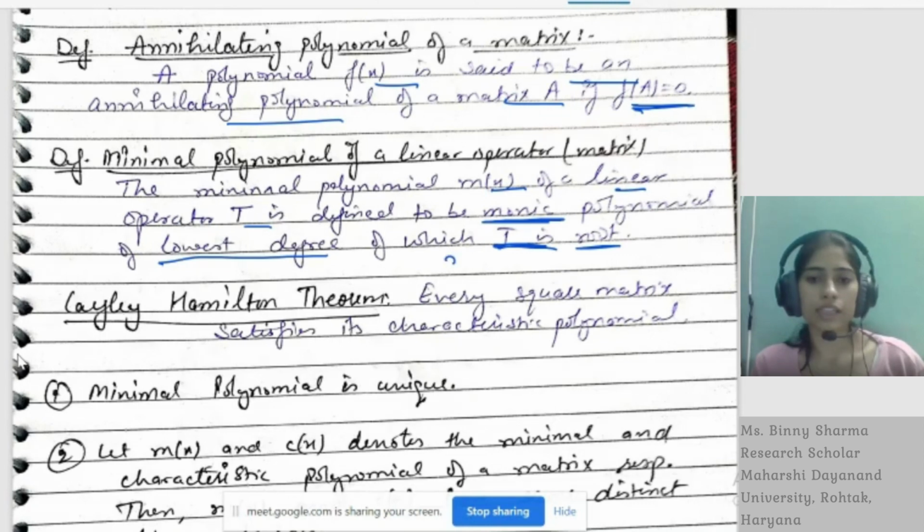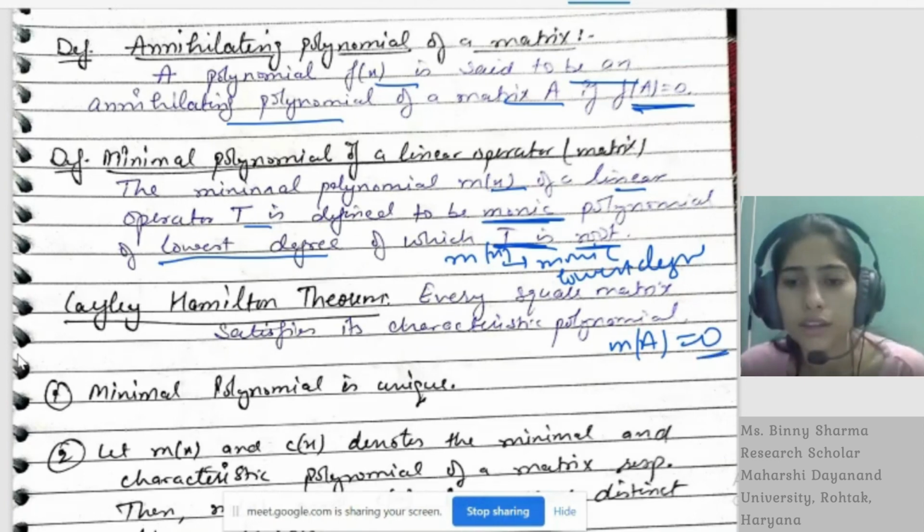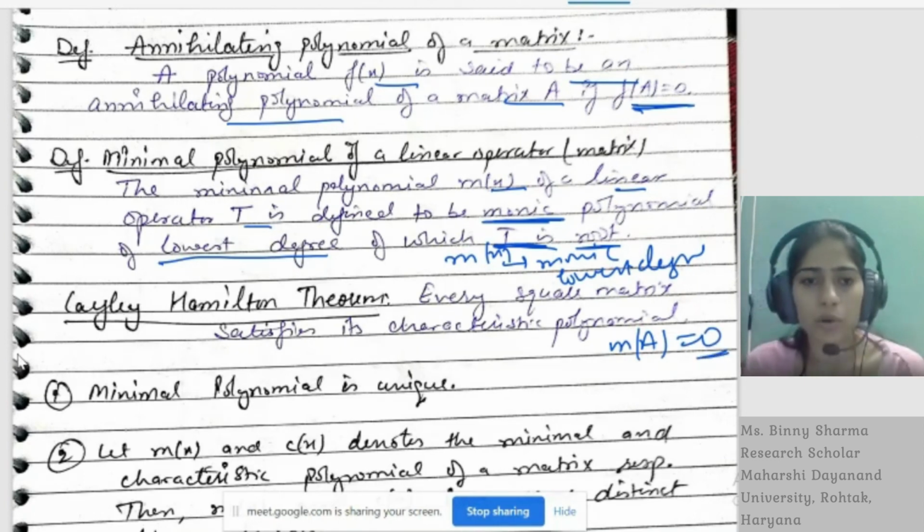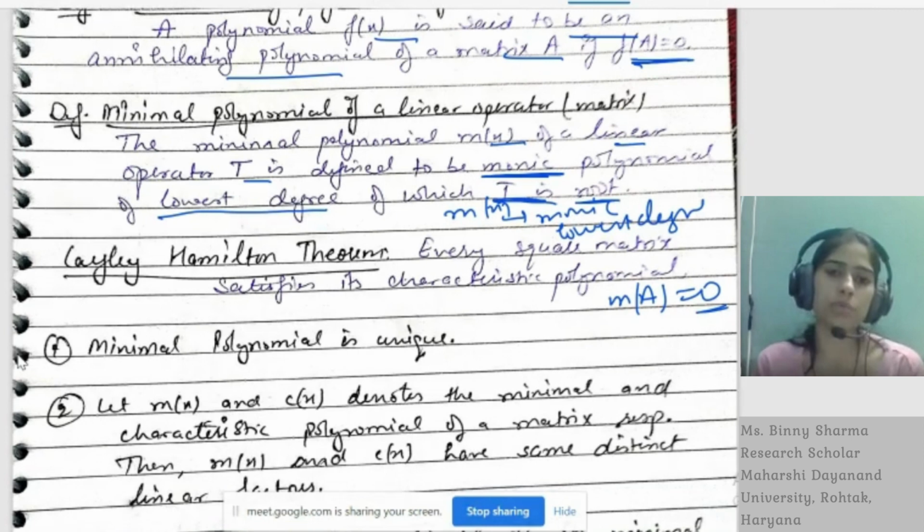That is, if m(x) is a polynomial, then it should be monic and of lowest degree, and it should be an annihilating polynomial, that is m of A equals 0. When we put matrix A in the polynomial, then we get the zero matrix. Okay. So this is the definition of the minimal polynomial of a linear operator over a matrix.